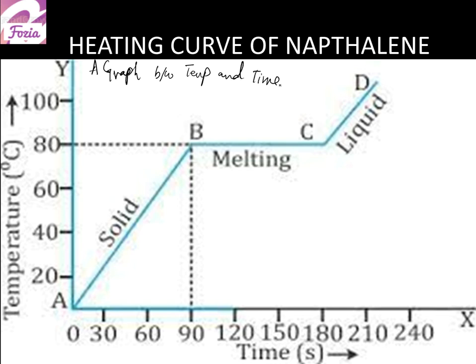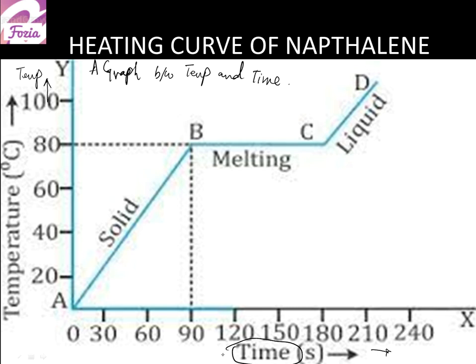When we perform some experiment, we observe the temperature changes and we plot a graph. You use graphs in mathematics. So on the y-axis you put temperature, and on the x-axis you put time, like this is shown here.